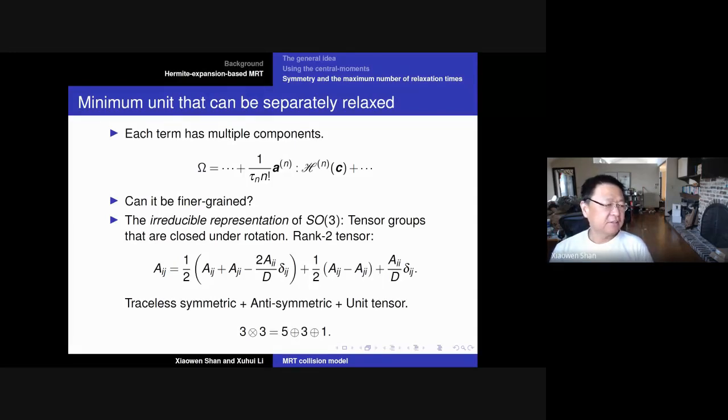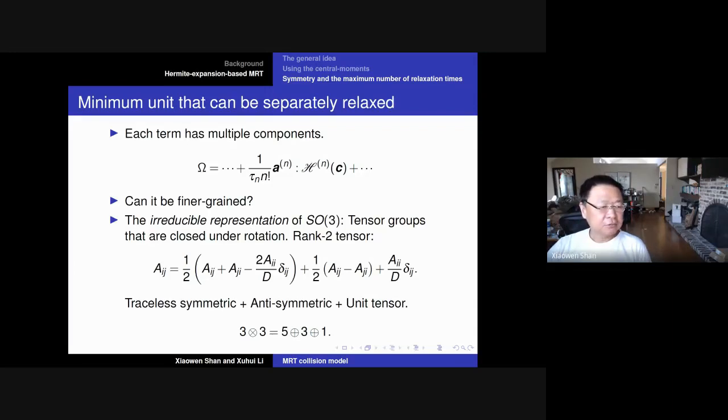The question is, can we do this in a finer-grained way without breaking the rotation symmetry? If we look at group theory, we find that there is a mathematical result called the irreducible representation of SO3, the rotation group. Each tensor, like a rank 2 tensor or rank 3 tensor, furnishes a so-called irreducible representation of SO3.